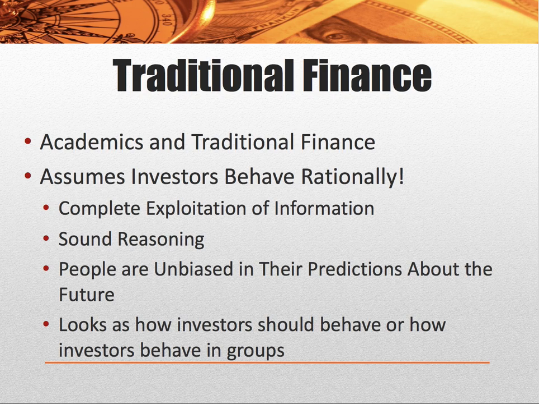In addition to that, it's how investors look or behave with regard to groups. In groups, we're supposed to also be rational, and as evidence will show in this course, in groups all kinds of things get involved and can go wrong because we tend to move as animals in a herd rather than thinking independently and analytically.